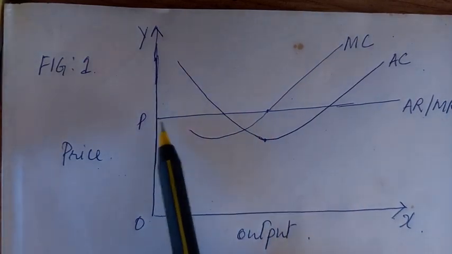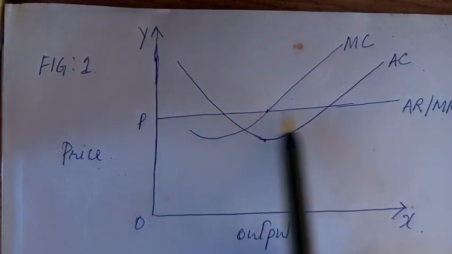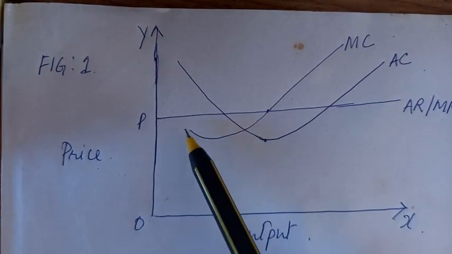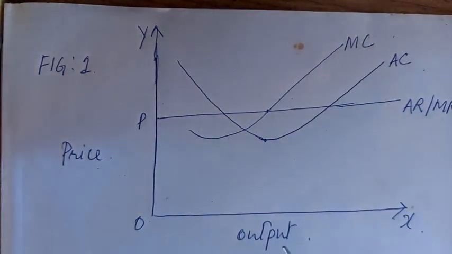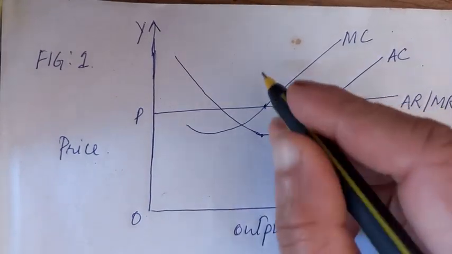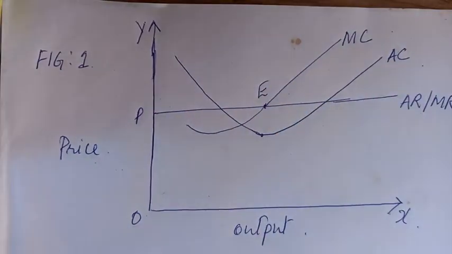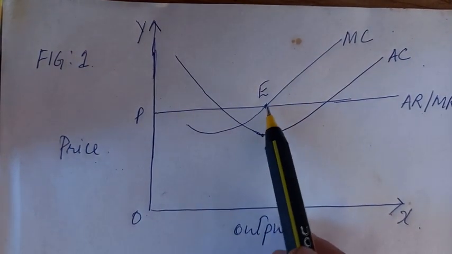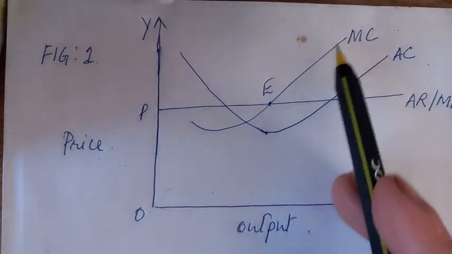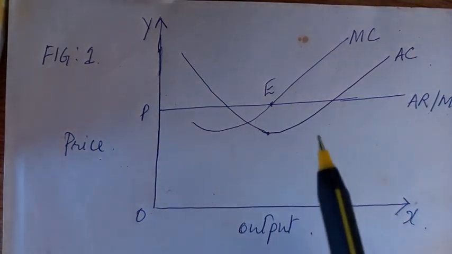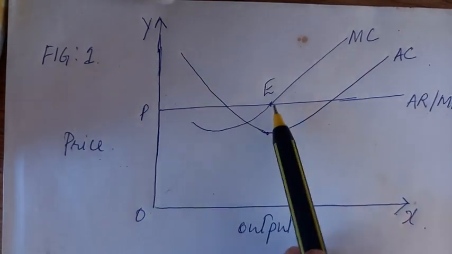So, looking at this figure one, what we can see is that we have this AR and MR curve which coincide with each other. We have the AC curve which is U in shape, along with the MC cost curve. Looking at figure number one, at point E, MC equals MR. They are equal because when two curves cut each other, they are equal at that point.